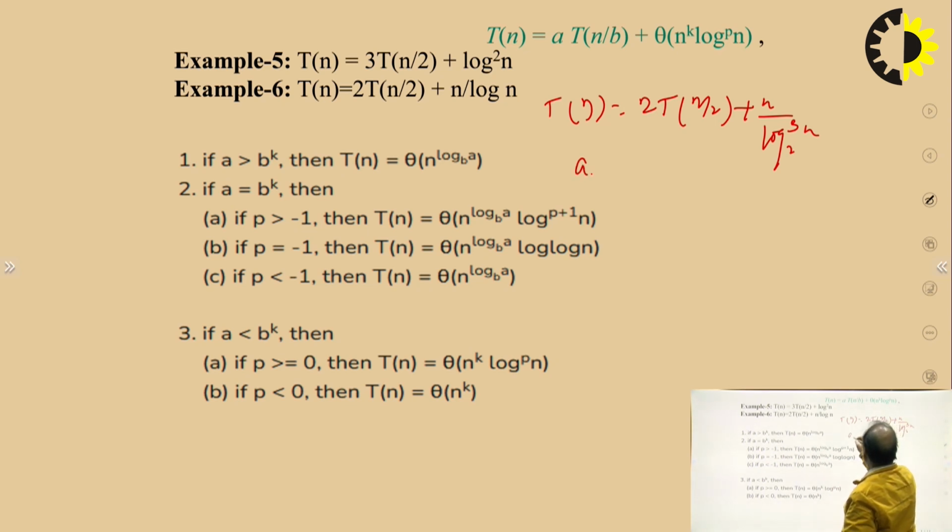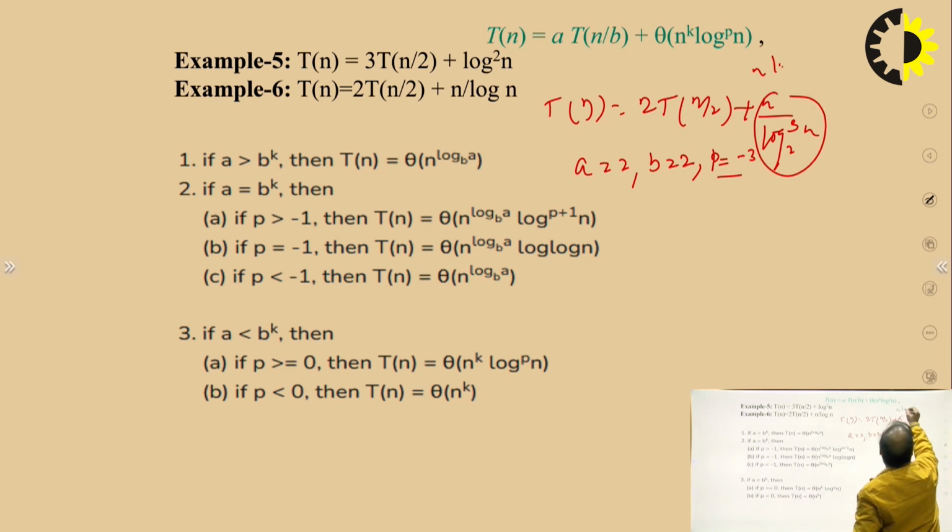So definitely here a is 2, b is 2, and p here is minus 3, right? So p is minus 3, because this can be written as n log to the power minus 3 of n, right? So p is minus 3, and k here is still 1.